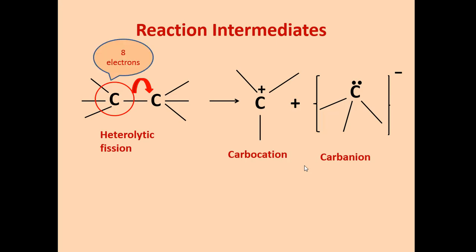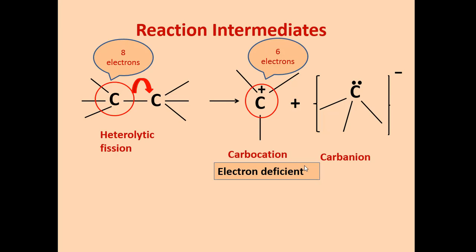After the heterolytic fission, look at the carbocation. It carries a positive charge. There are 3 bonds surrounding the carbon carrying the positive charge. Each bond is composed of 2 electrons, and 3 bonds correspond to 6 electrons. We call a system of 6 electrons a sextet, and it contains 6 electrons instead of 8 electrons, which corresponds to a complete octet.